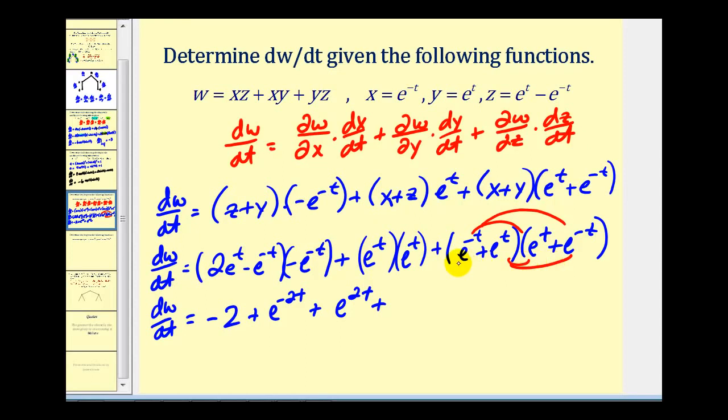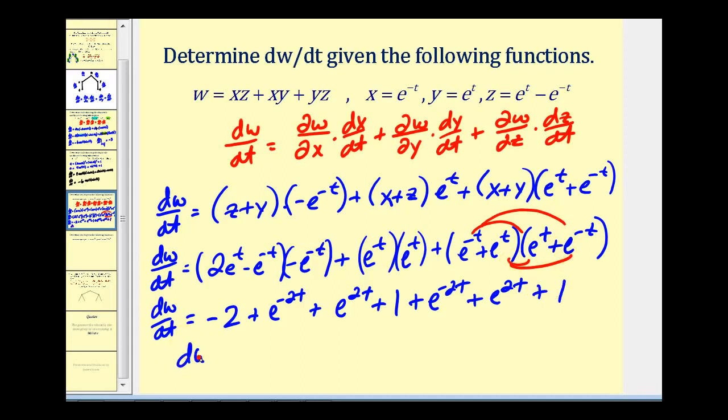So let's see what we get. We have e to the negative t times e to the t, that's 1. And then we have e to the negative t plus e to the negative t, that's plus e to the negative 2t. And we have plus e to the positive 2t. And then we have another 1.